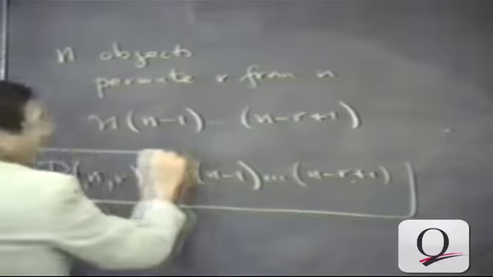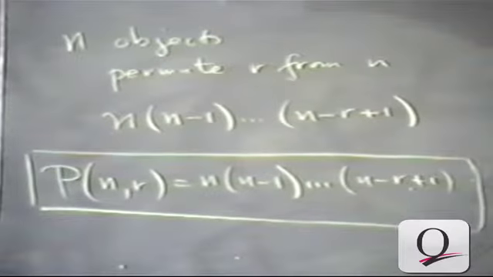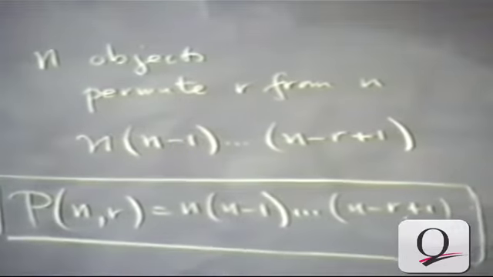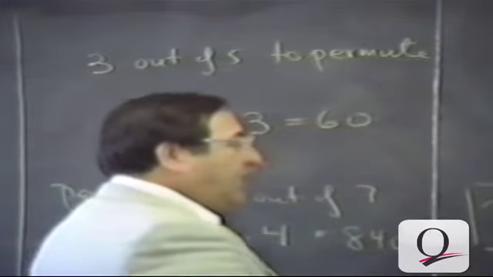And it's the number of permutations of R from N. Number of permutations, the number of ways you can arrange R items from N items. Again, we note that all these items are distinct, so every permutation can be recognized.